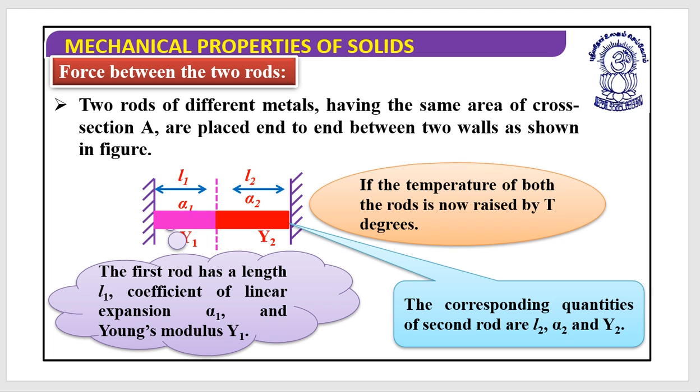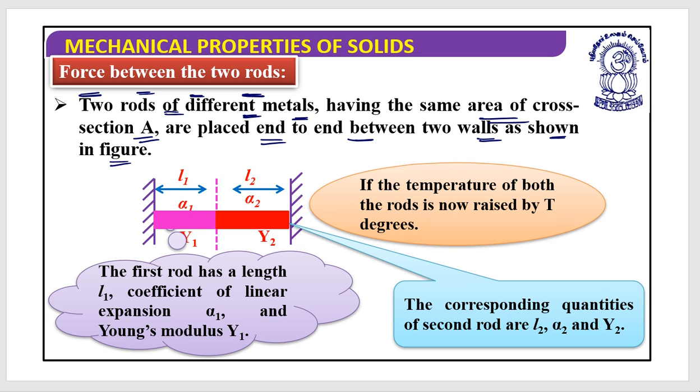Let's look at the next application. It's the force between two rods. Understand that two rods of different metals having the same cross-section area A are placed end to end between two walls, as you can see in the figure.